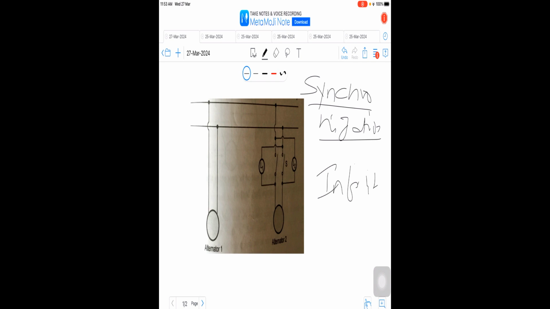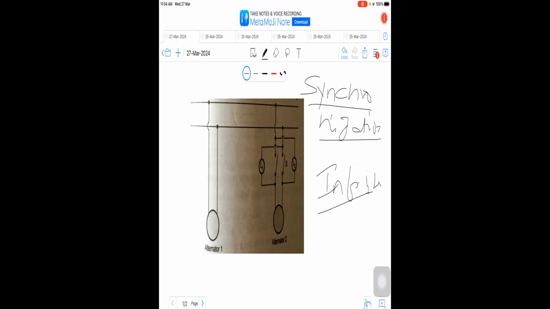An infinite bus bar is one wherein the frequency and phase EMF remain unaffected by changes in the condition of any one machine connected to it. So these are constant frequency and constant voltage bus bars.